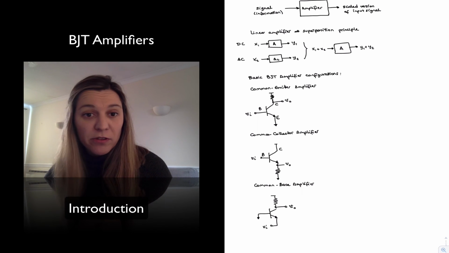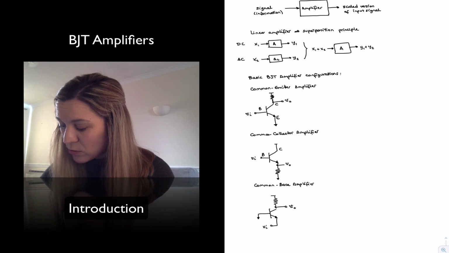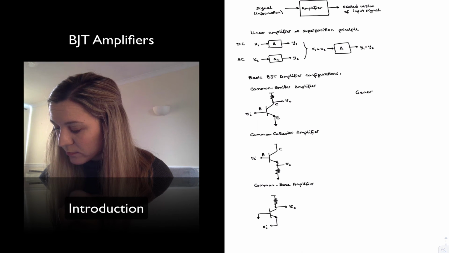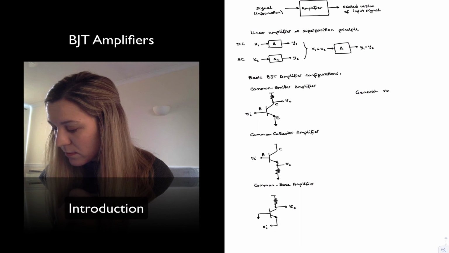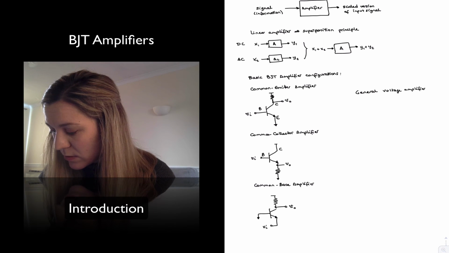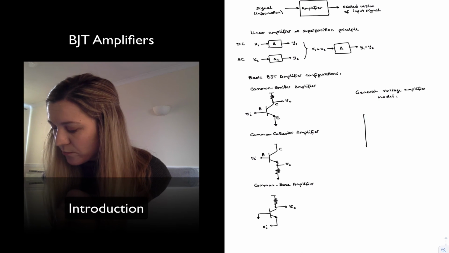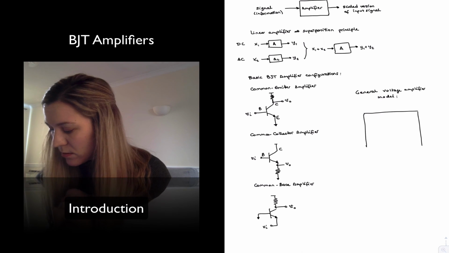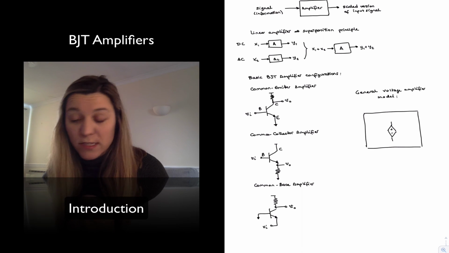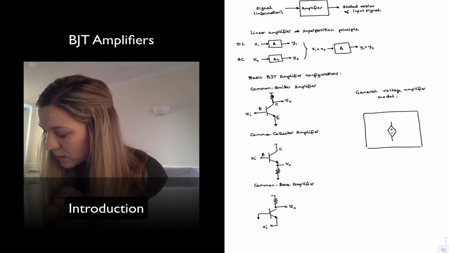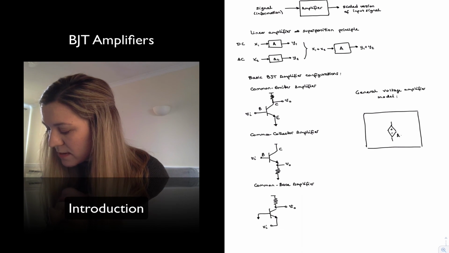And the general model for a voltage amplifier, if you recall, is as follows. It's typically modeled as a dependent voltage source, whose value is dependent on some input voltage signal, multiplied times a gain.